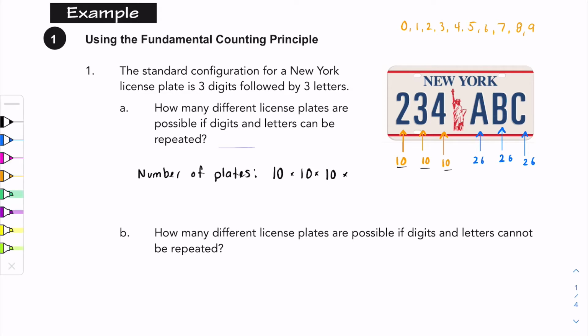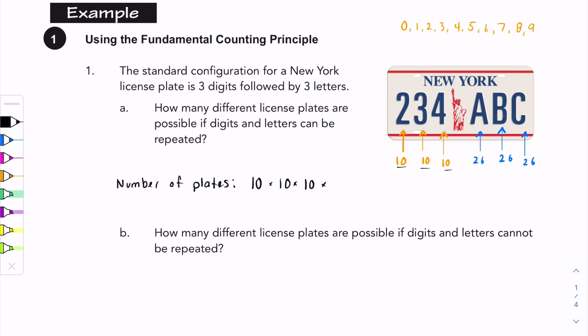Then we have the fourth placeholder, which has 26 different choices, 26 different choices for the 5th spot, and 26 different choices for the 6th spot. Multiply all of these together and you end up with quite a large number: 17,576,000 different options for plates.